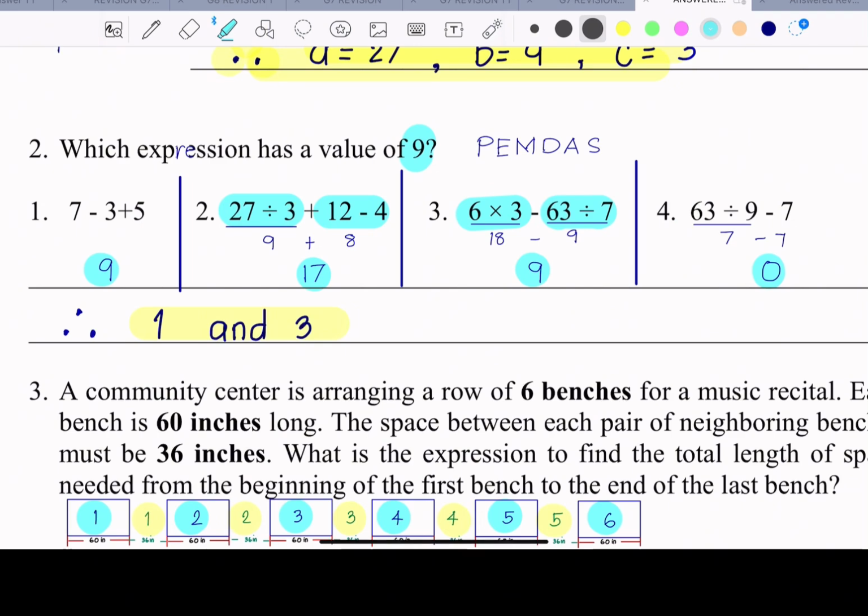Last number, 63 divided by 9 is 7, and it's subtracted from 7, so we get 0. Notice we have 2 9s here, therefore we can say that the answer in number 2 should be 1 and 3.